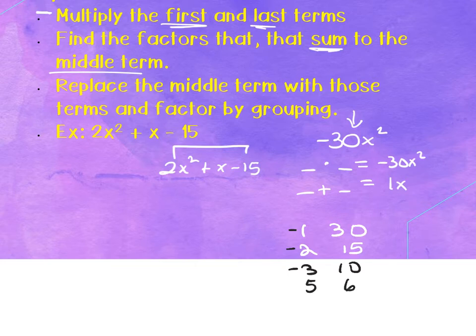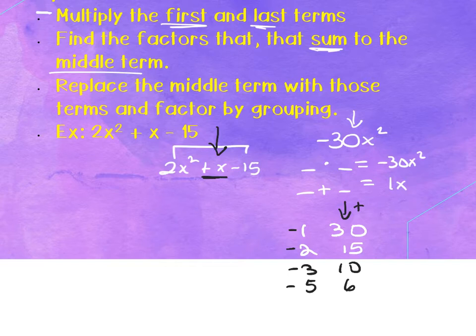When there's a negative at the end but a positive in the middle, that's when you put the negative sign on the smaller number? Yeah, so whatever sign's in the middle, that's the sign of the bigger factor. So my middle is positive, so that's why my bigger number here has the plus sign. The bigger number always gets the sign in the middle.